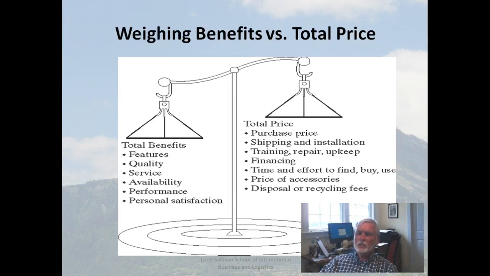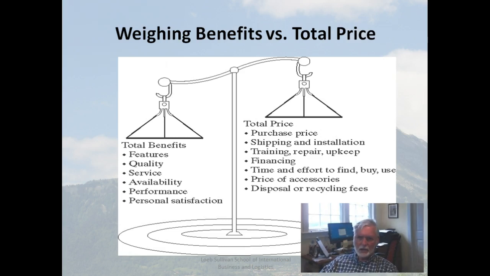So benefits versus price. Benefits are not just the price of the product. If you look over on the right-hand side of this graph, which comes from your textbook, you've got total price, which is the purchase price. But then there's other things. Does it cost me to get the goods to where I need it? Is there a shipping cost or an installation cost? Do I have to be trained to use it? Are there repairs involved and upkeep involved?